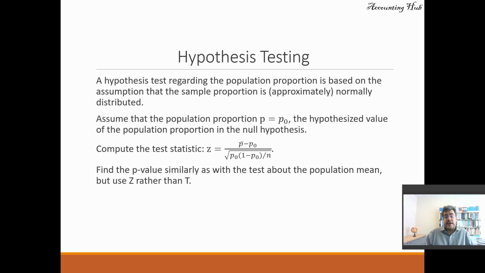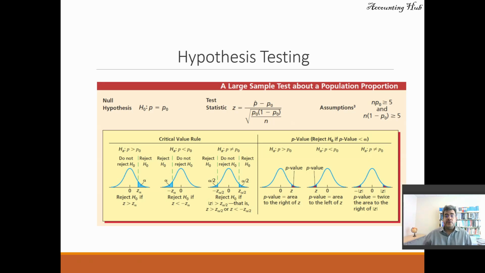And how do we do that? We find the p-value. There are tons of ways, but the easiest way in Excel is to find the p-value similarly as with the test about the population mean, but we use z for proportion rather than t for mean. So here, how do we do that? We find the critical value rule or the p-value.